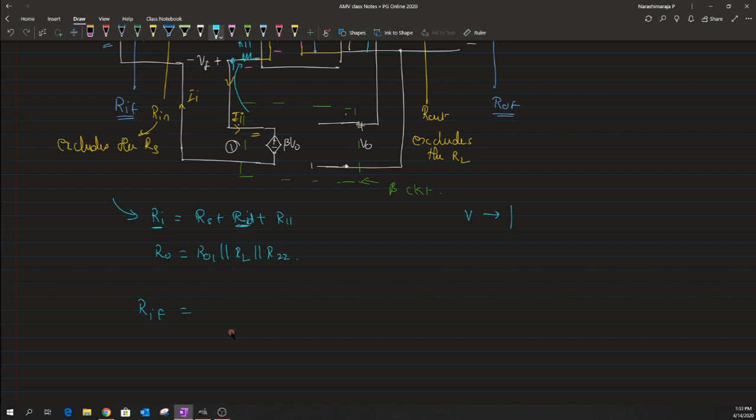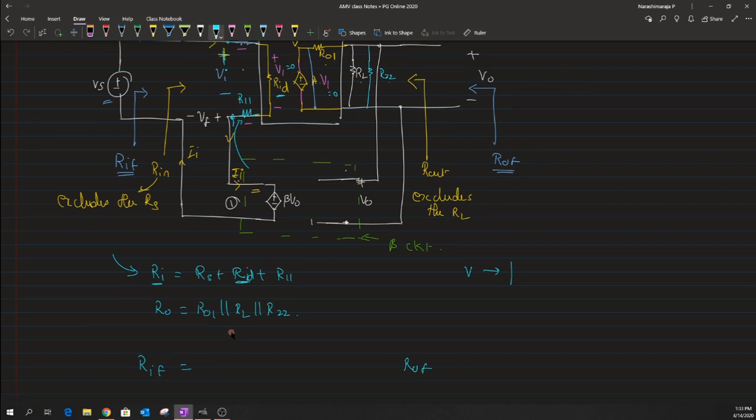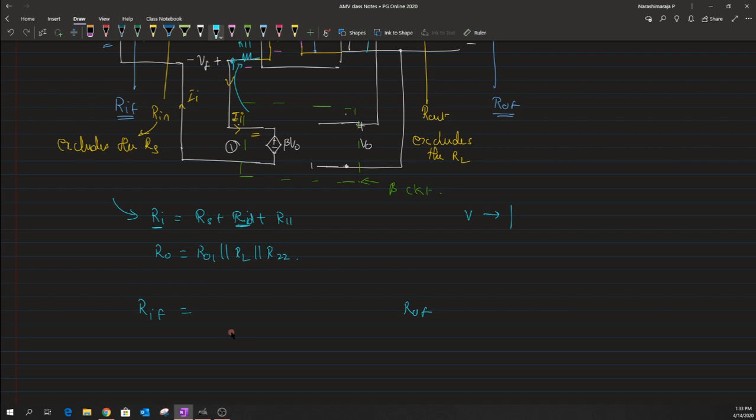Now we know that the input basically forms a series connection. There is a series mixing that is happening for mixing this voltage VF, right. So whenever we have the series connection at a particular port, then we know that this RIF will be increased by this quantity of Ri times that of 1 plus A beta, and this is purely based on the series connection that we discussed earlier.